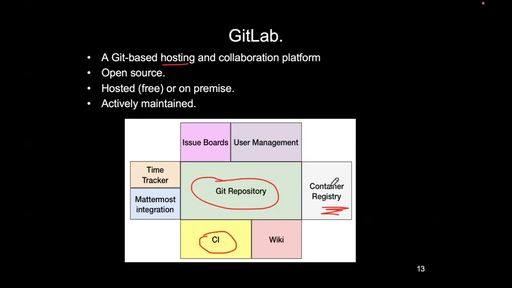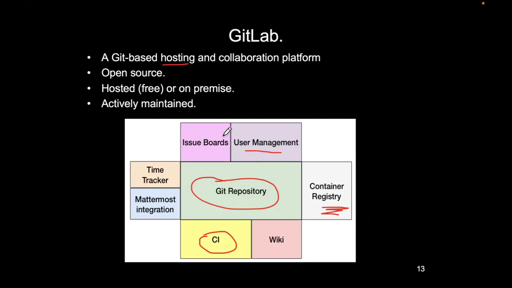And then some of the other parts. So, for example, this part here, user management. So you can create a repository and then manage the different team members' access to that repository and to the CI part of it. So we won't need to get involved in that at all.